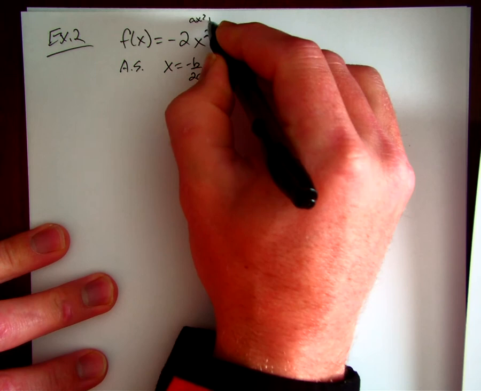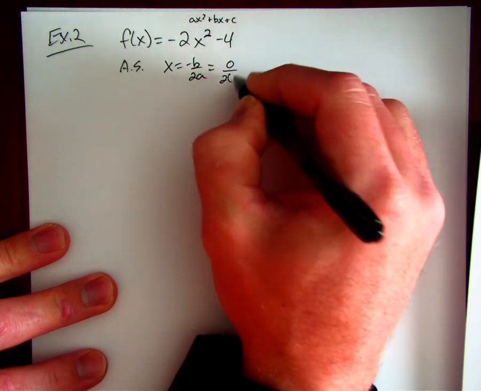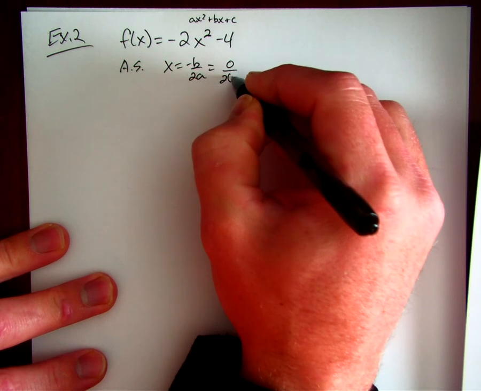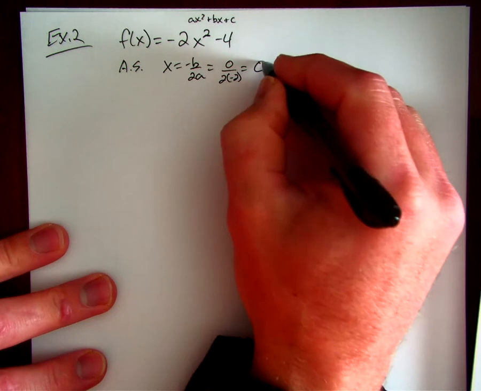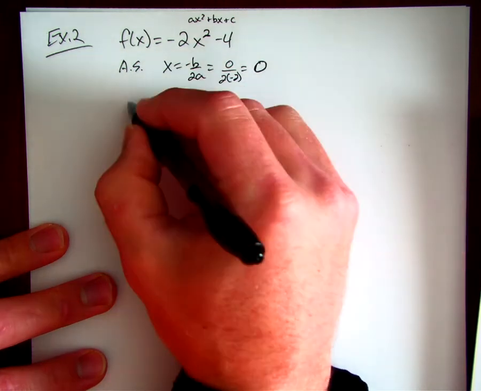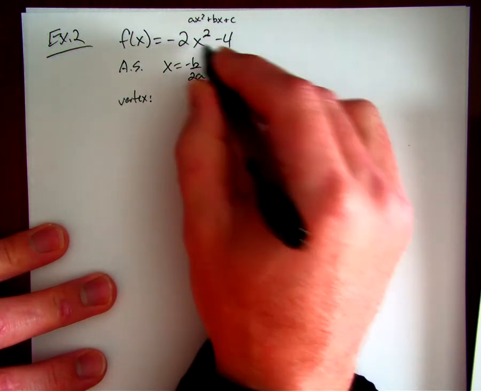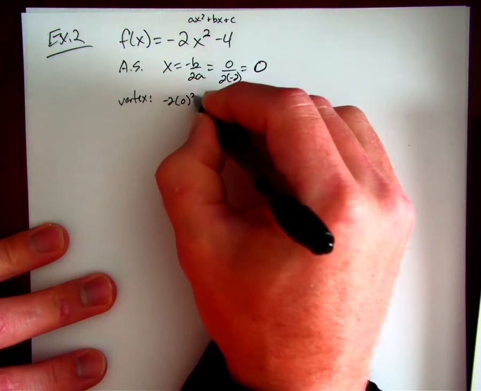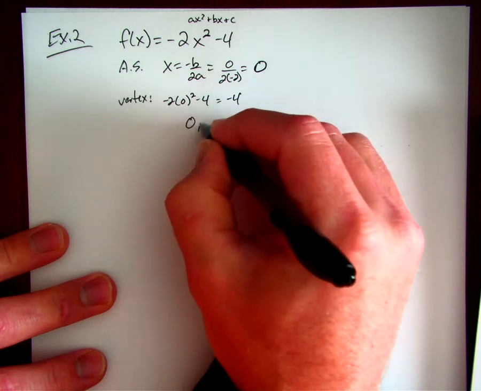Well, if there's no b, what do you think it is? It's 0. So by the time you do negative b over 2 times a, you're going to get 0. So your axis of symmetry is 0 in this case. When I plug the 0 back in to find the vertex, you get negative 2 times 0 squared minus 4, which is just negative 4. So my vertex is 0, negative 4.